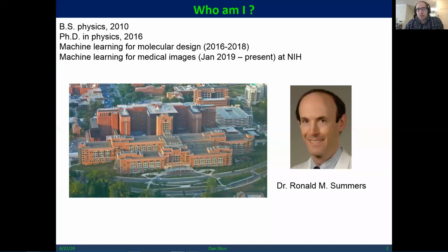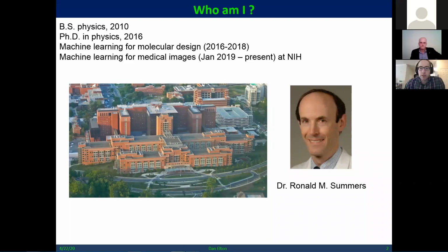So this first slide here is just giving some background to who I am. My background is in physics, and I did a whole PhD in physics. But after that experience going through the PhD and doing research in physics, I decided that I wanted to move into machine learning and AI.